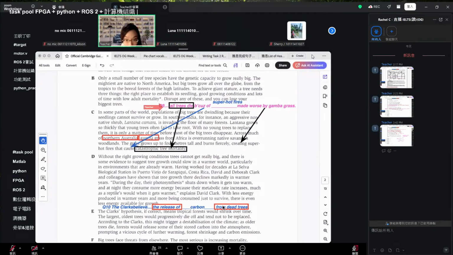Getting down to the dead trees, meaning older trees die, the release of the carbon. So we're going to use a different color. The stored carbon. Okay, so we'll just square that one out straight away. You could write down stored carbon, as I would advise here.